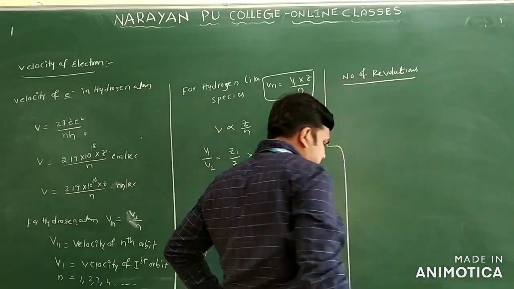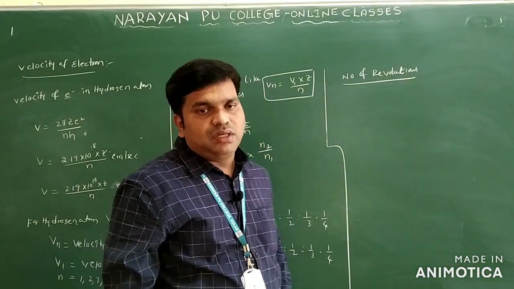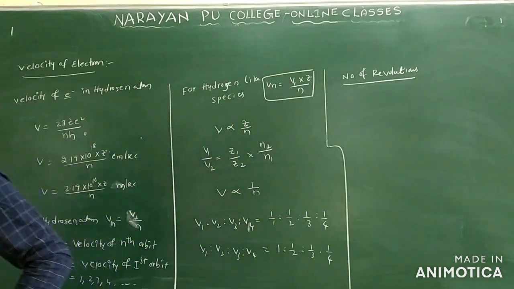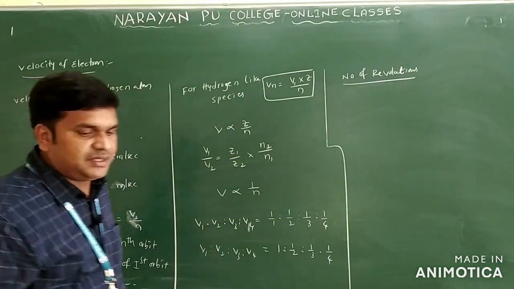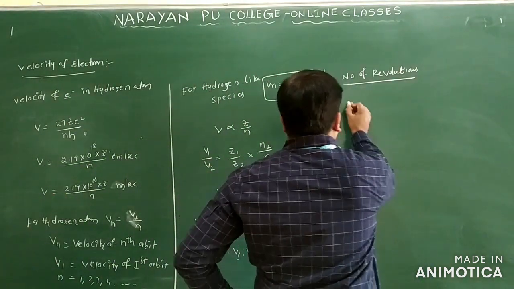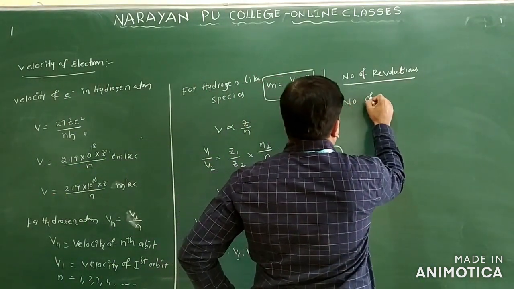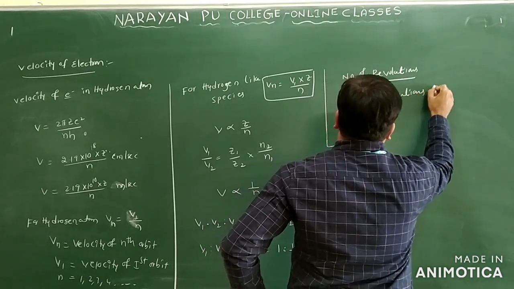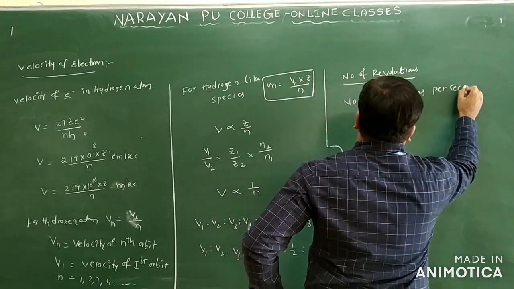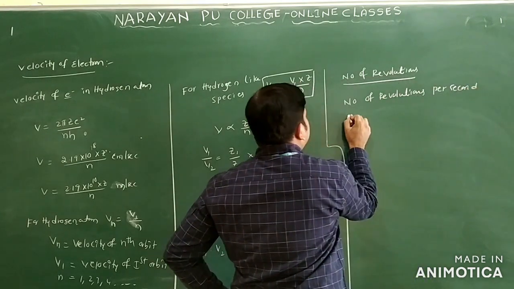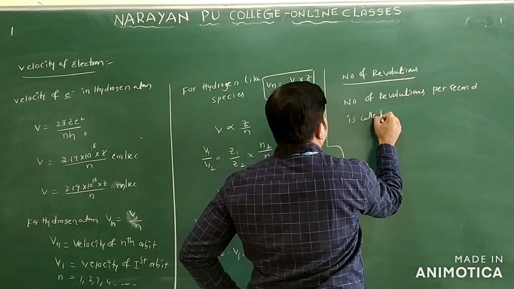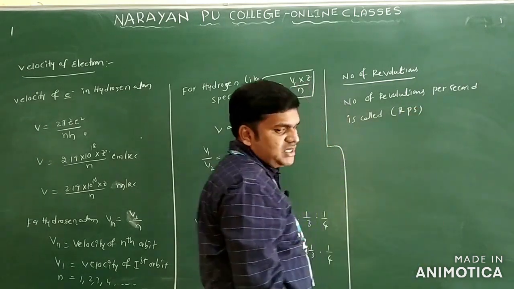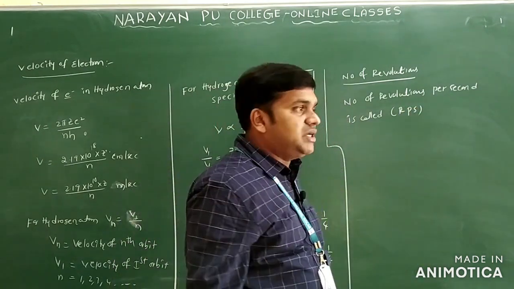The number of revolutions that take place per second is called revolutions per second, simply RPS.